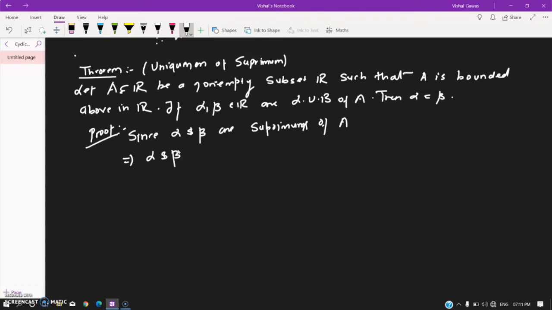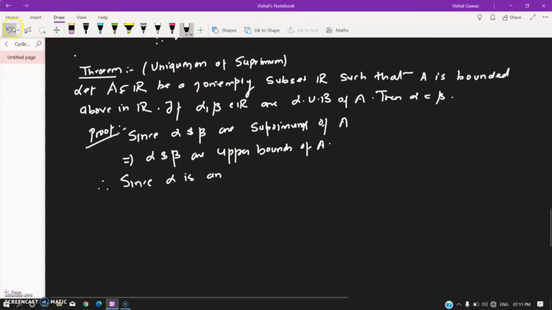It cannot be a supremum without being an upper bound. So both are upper bounds of A. Since alpha is a least upper bound, let us use that idea. Alpha is a least upper bound, and I'm using both the ideas, supremum or least upper bound, whatever it is, of A.